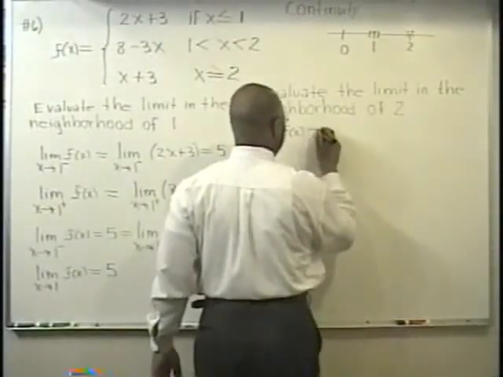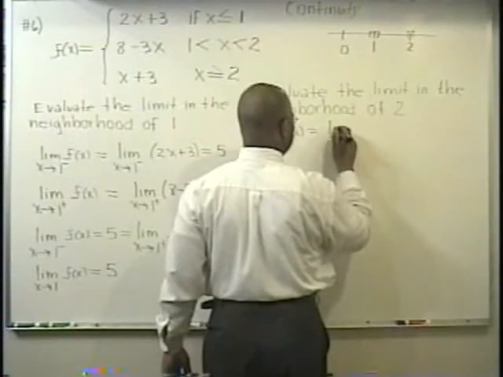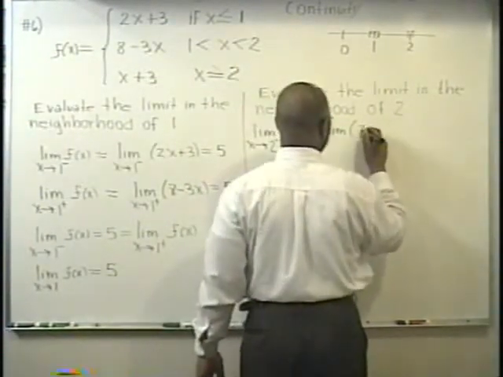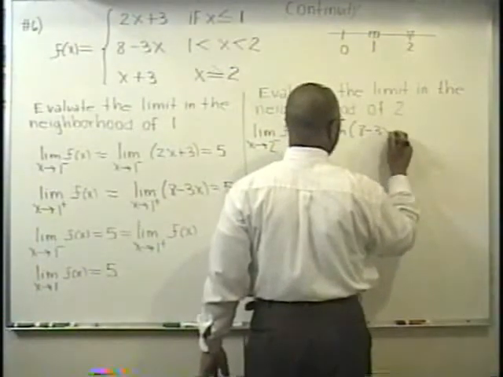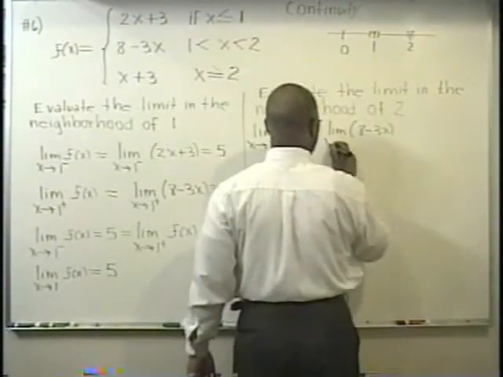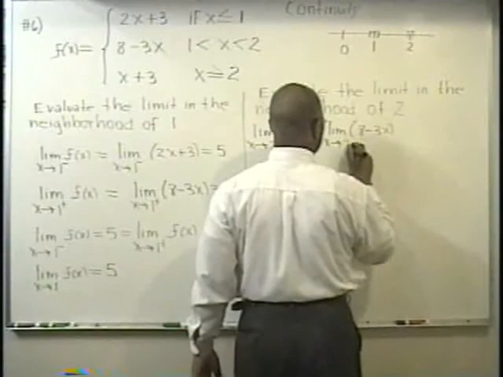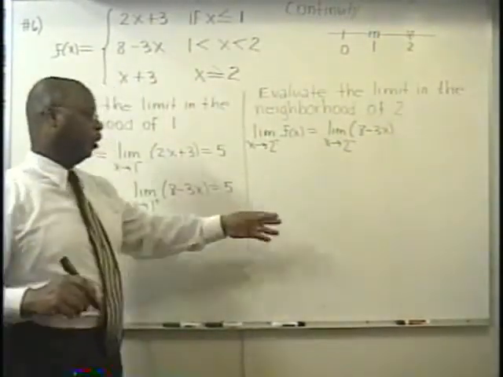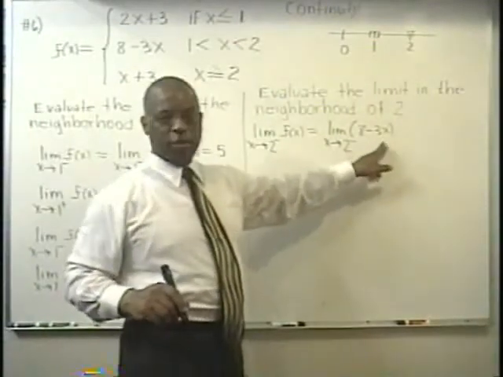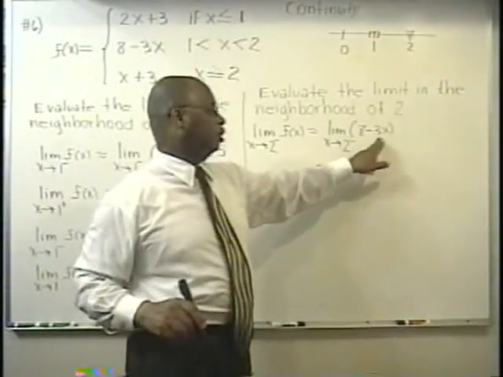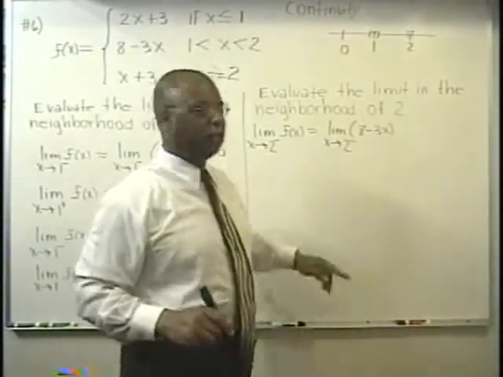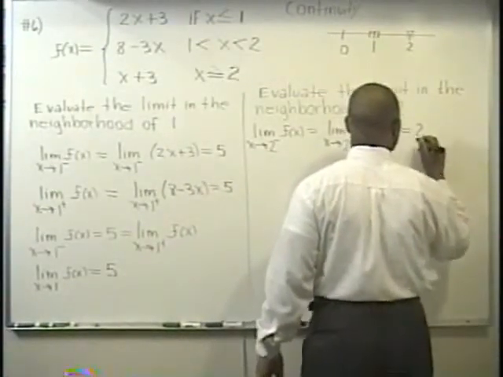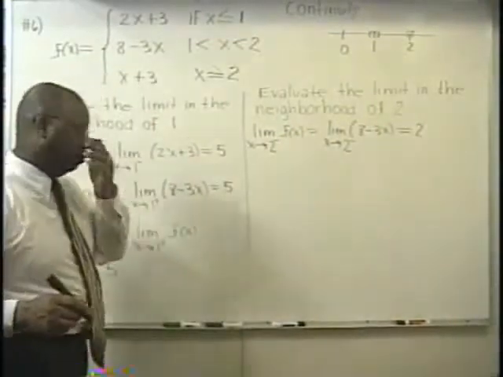So now that's equal to the limit of 8 minus 3x as x approaches 2 from the left. And that's a polynomial, so I can go ahead and take this value, substitute that into there. 3 times 2 is 6. 8 minus 6 is 2. So the limit of this is equal to 2. So that's the left-hand limit.